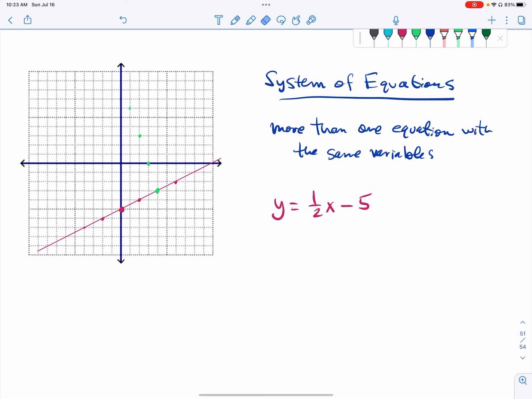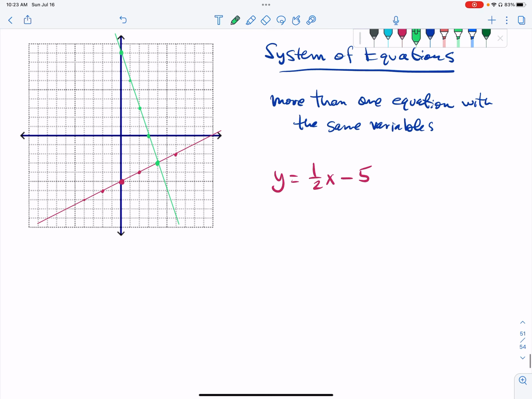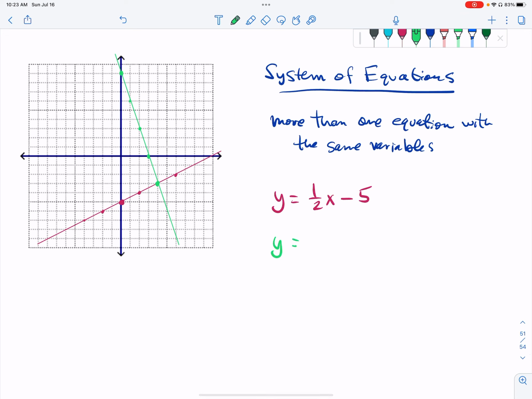And let me put a nice little line. Now, in case you're wondering, the equation that I just drew, this green one, is y equals, the slope was basically down 3 and right 1, so it's a negative 3. So negative 3x, and its y-intercept looks like it's up here at plus 9.